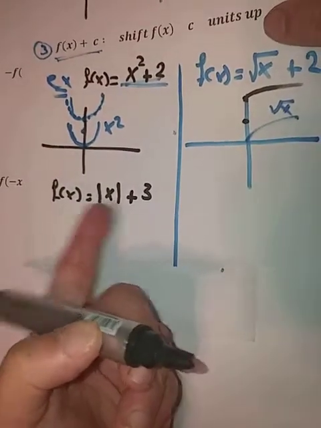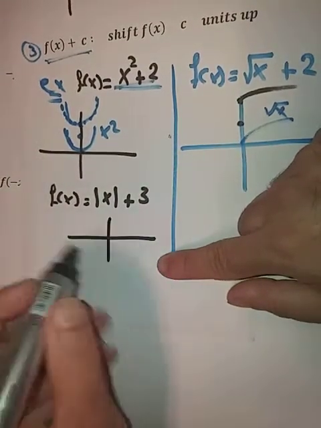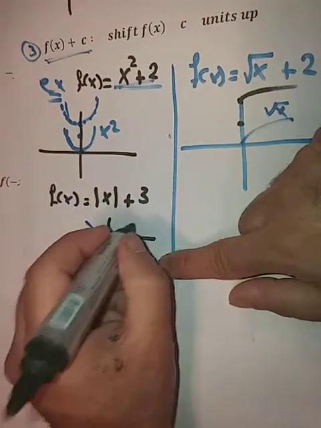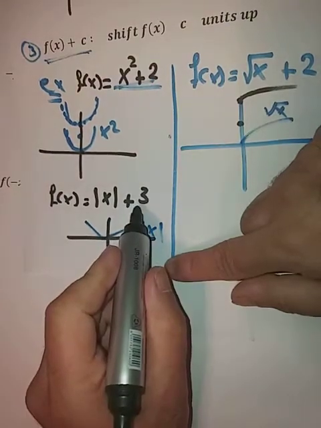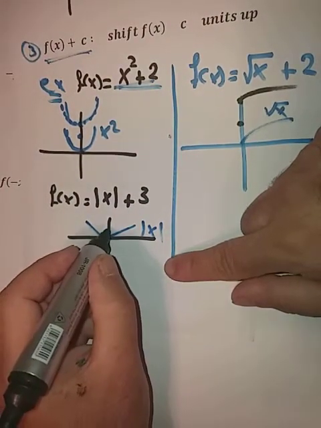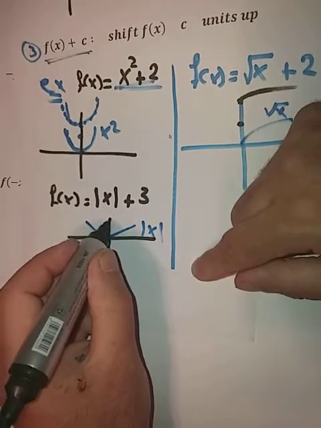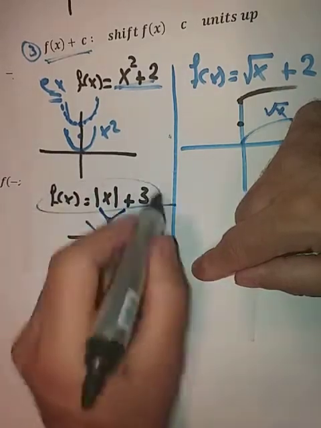And absolute is this, the graph of absolute. But we have plus 3 means we shifted the graph 3 units up. 1, 2, 3. This is a graph of absolute x plus 3.